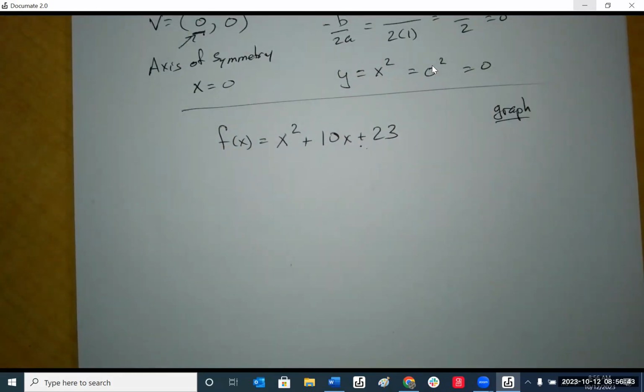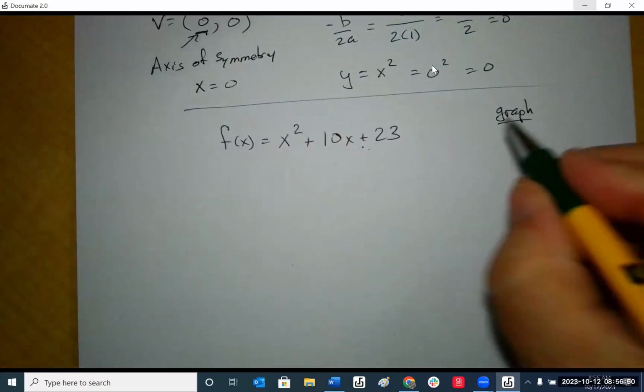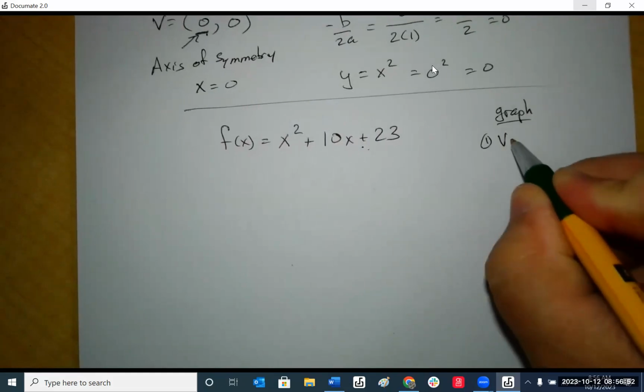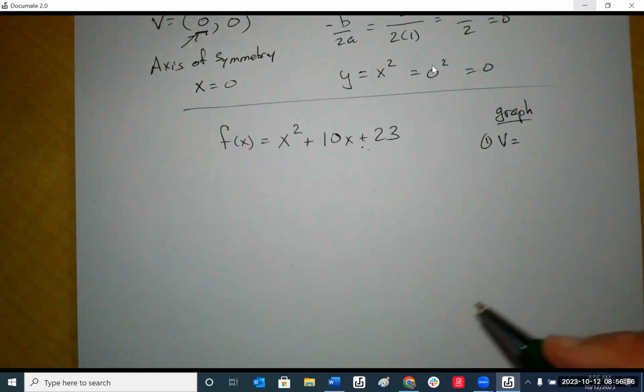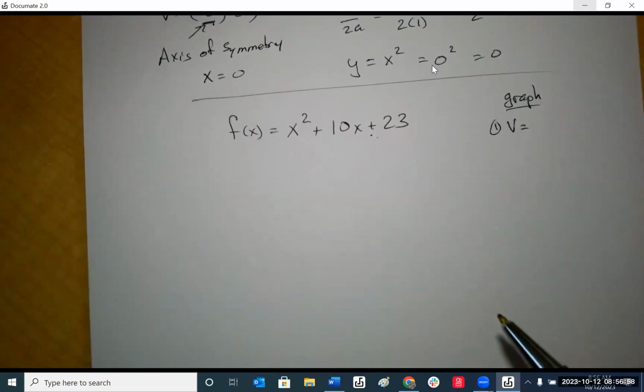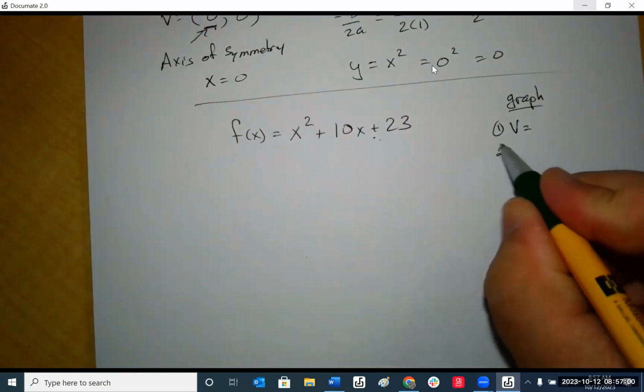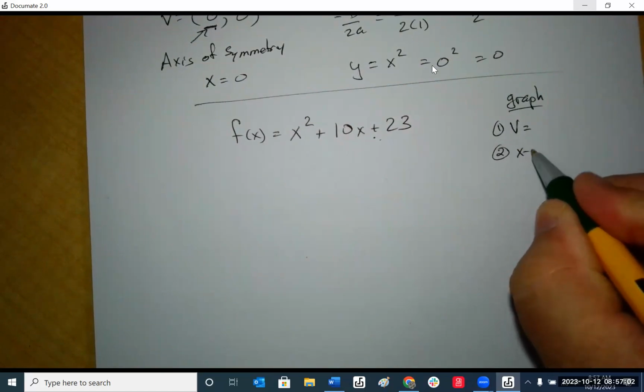Instead of wasting all your time with that, I'll show you another method in a second. So first, find me the vertex, and then the x-intercepts.